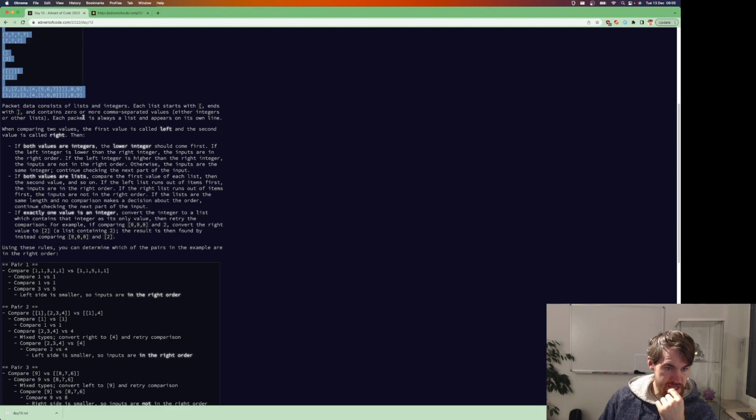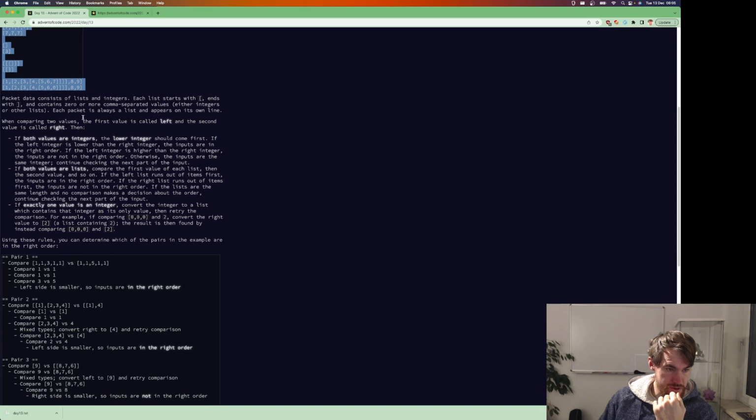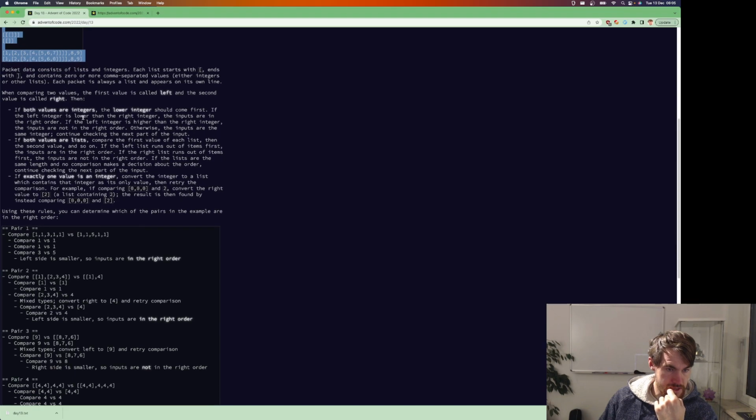Contains 0 or more comma-separated values. When comparing two values, the first value is called left and the second value is called right. If both values are integers. Okay.